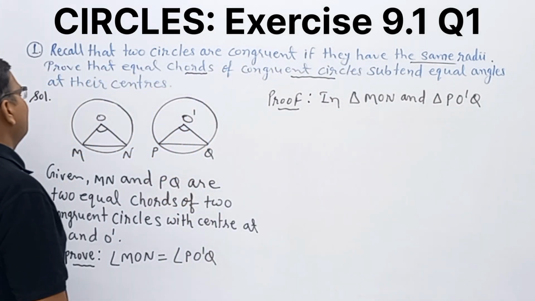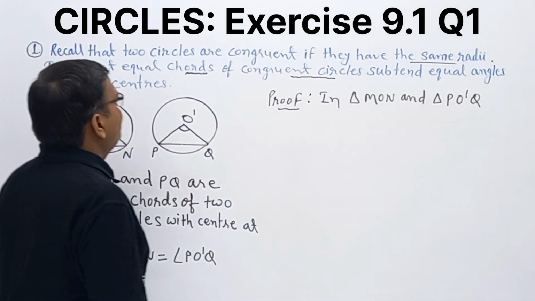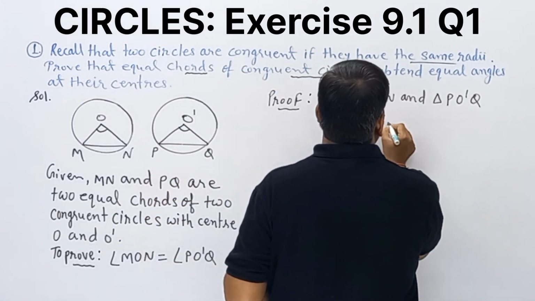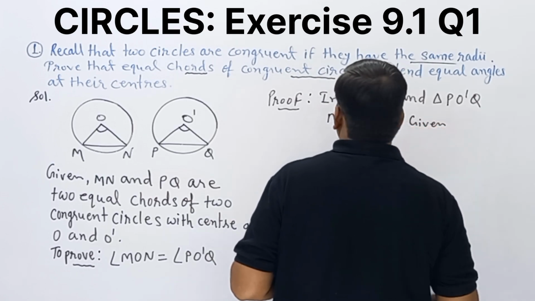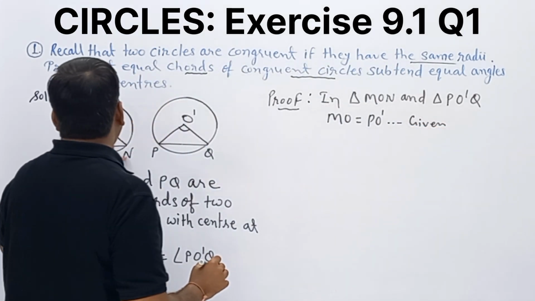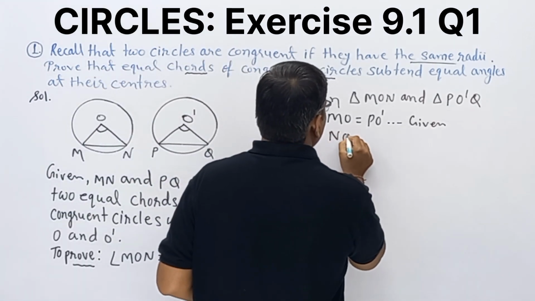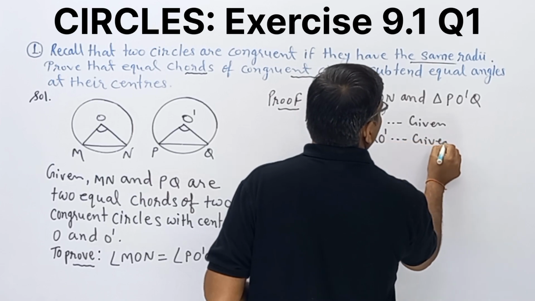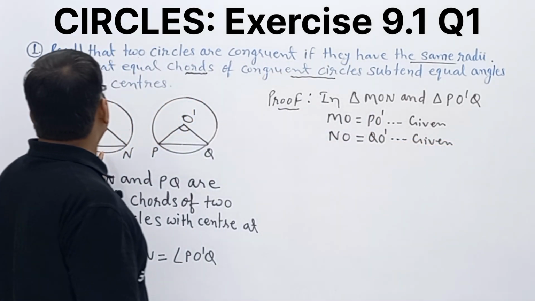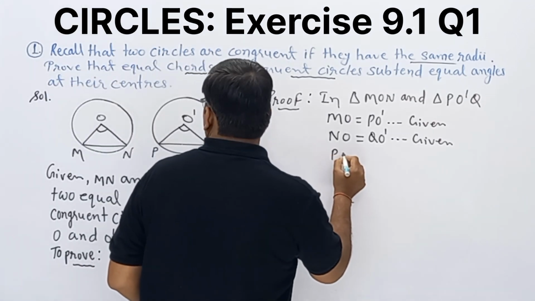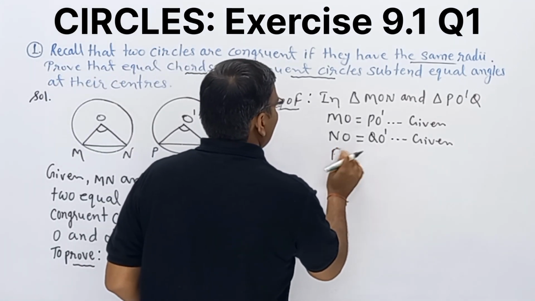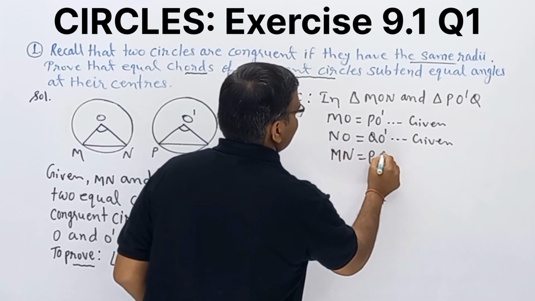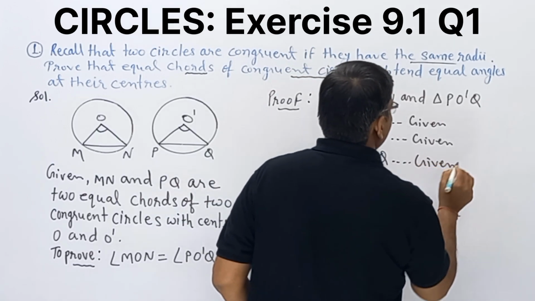So MO equals PO dash, given. Another thing, NO is also a radius, so NO equals QO dash, given. Another one, MN equals PQ, also given. Clear?